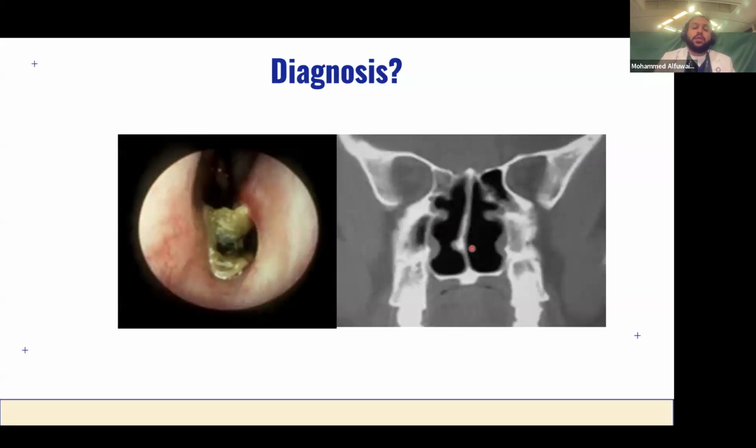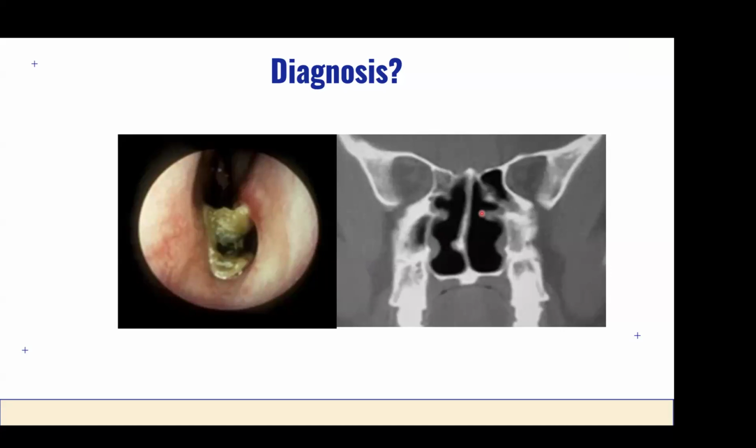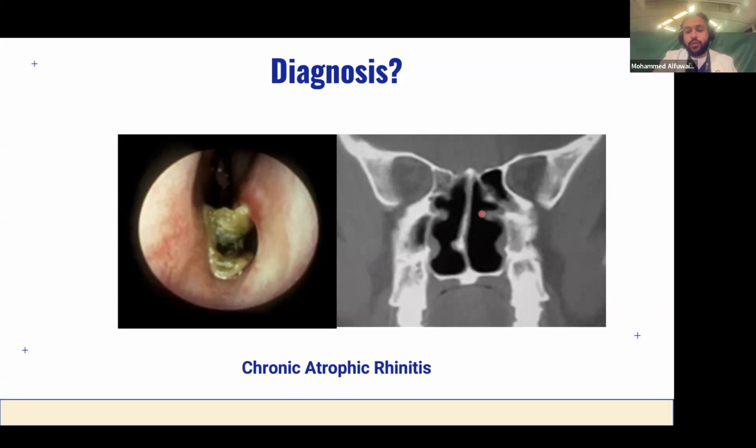Now, if you have a patient with this, in this patient over here, you can look at the turbinates. What's happening with the turbinates? Shrinkage. In other words, it's atrophy. Okay, chronic atrophic rhinitis. You can see some discharge over here, but here it's very small turbinates.